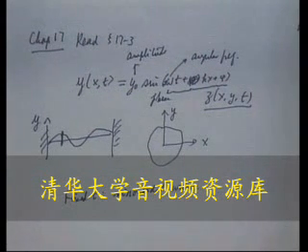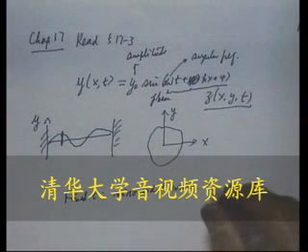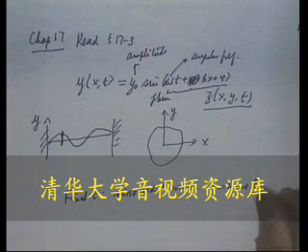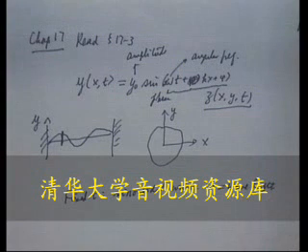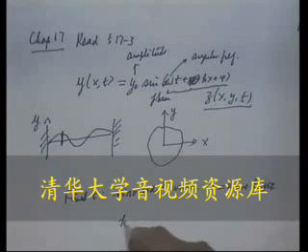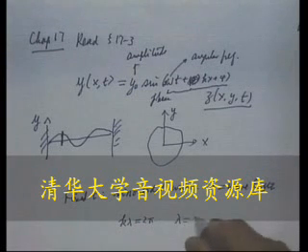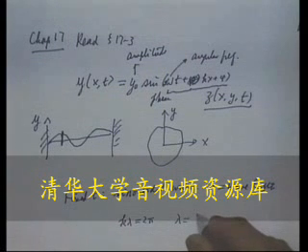What's the wavelength? Wavelength is usually called lambda. If you increase x by lambda, the phase should increase by 2 pi. That's the definition of a cycle. So k times lambda has to be equal to 2 pi. So lambda is related to k by 2 pi over k.